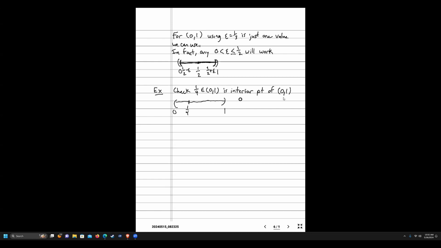I just need to find some epsilon so that the epsilon neighborhood about 1/4 is contained entirely in 0, 1. So as a picture, I could find some open interval about 1/4 such that that open interval is contained entirely in the, let's say, bigger open interval 0, 1.